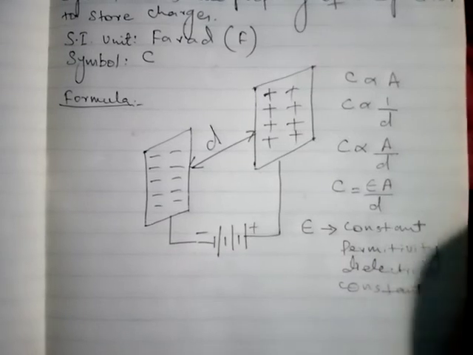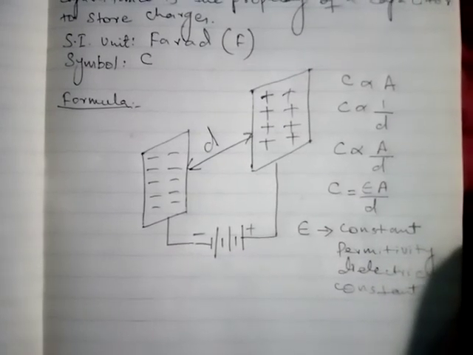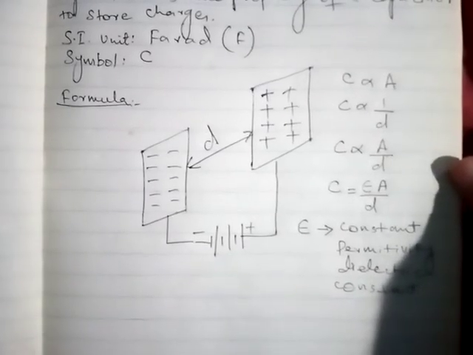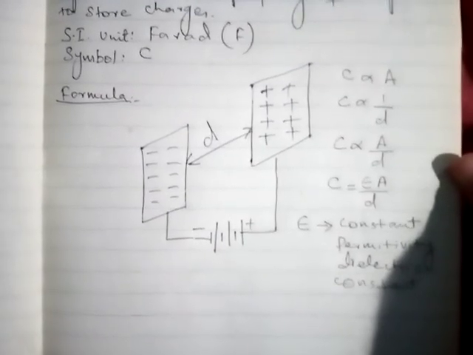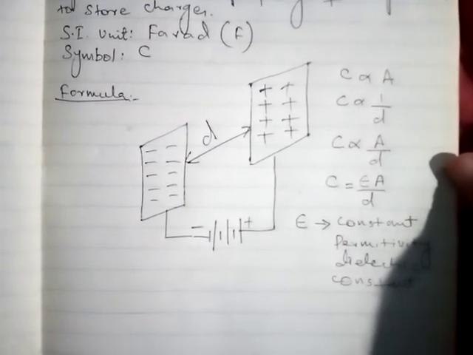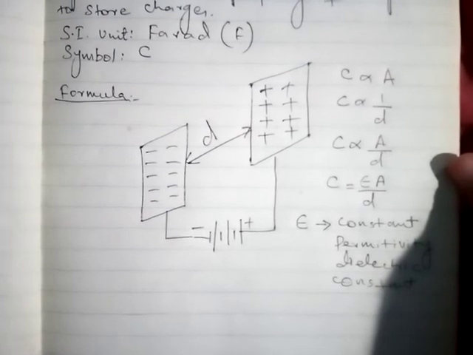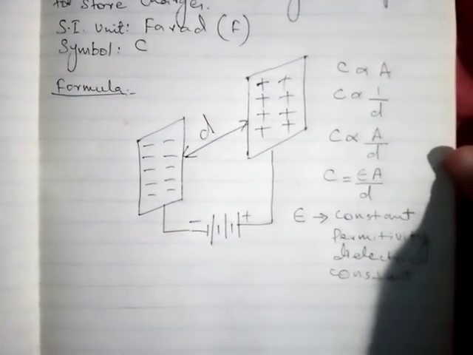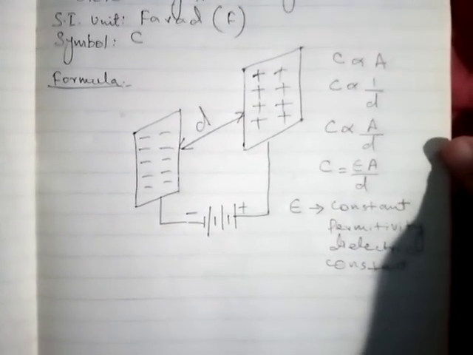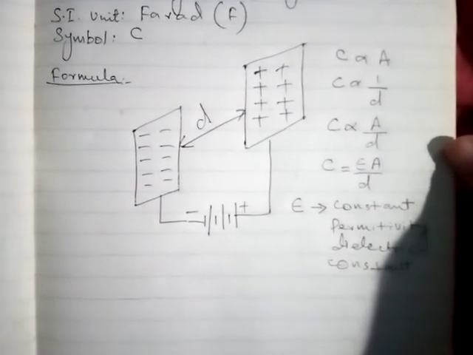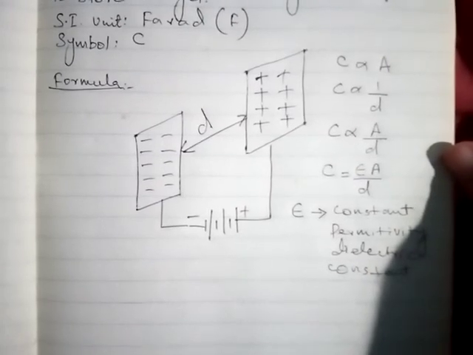It's very necessary for a capacitor to separate both plates. If the two plates of the capacitor come in contact, then it will obviously damage the capacitor. So a dielectric material, which is an insulator, is placed in between the two parallel plates of a capacitor, so that the plates couldn't come in contact with each other. And this is the property which is called the dielectric constant. It is a property of the dielectric which is placed in between the two parallel plates.